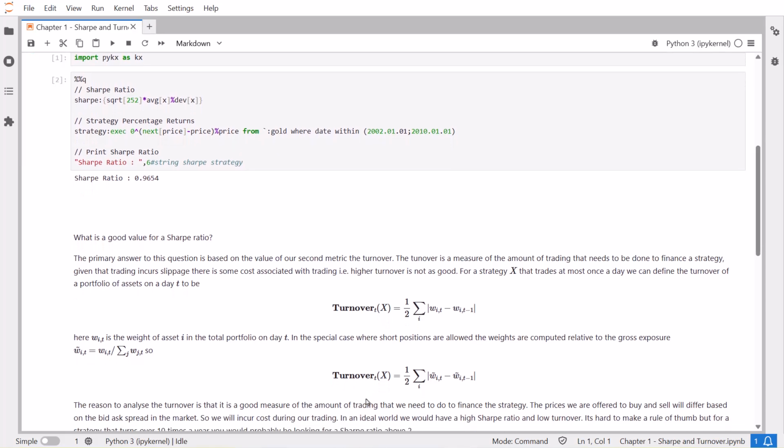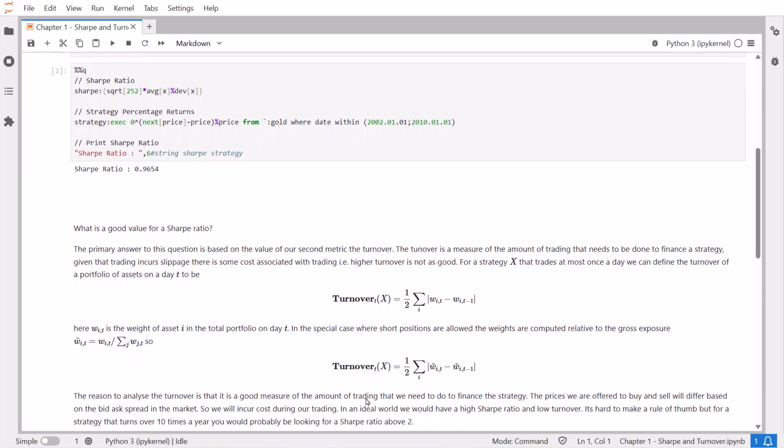And the reason the turnover is a good measure is that it tells us the amount of trading we need to do to finance the strategy. The prices that we're offered to buy and sell at are based on the bid-ask spread in the market. So there's some difference between the price at which we can buy and sell, and hence there's some cost of doing the trades.